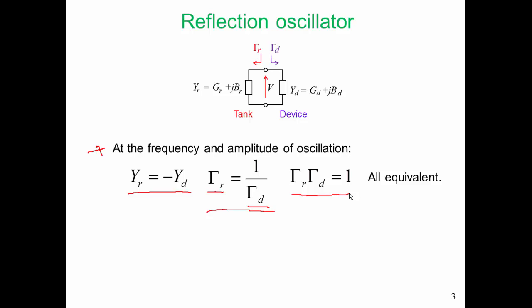During our design, we will make heavy use of Smith chart representations, and when we do that, we will talk a lot about the reflection coefficient. But we'll also keep in mind what the Smith chart is telling us about the conductance variations and the susceptance variations. We could also consider this oscillator in terms of impedances instead of admittances.